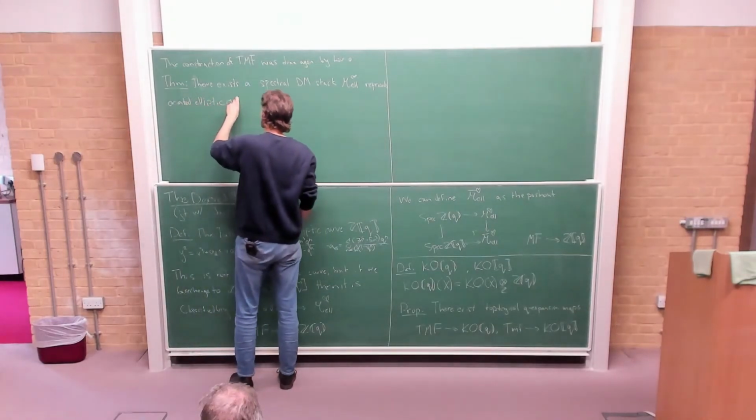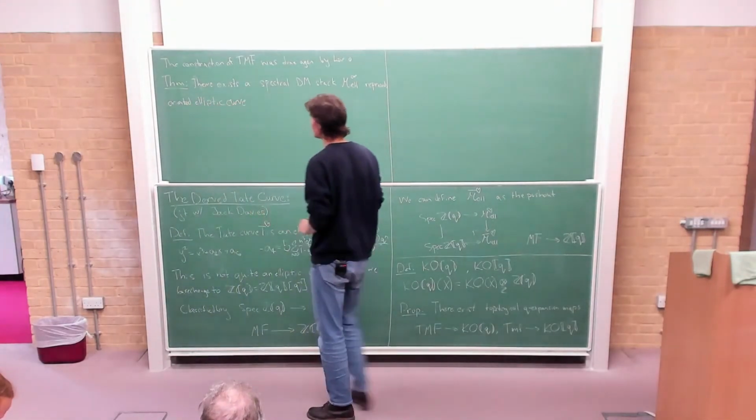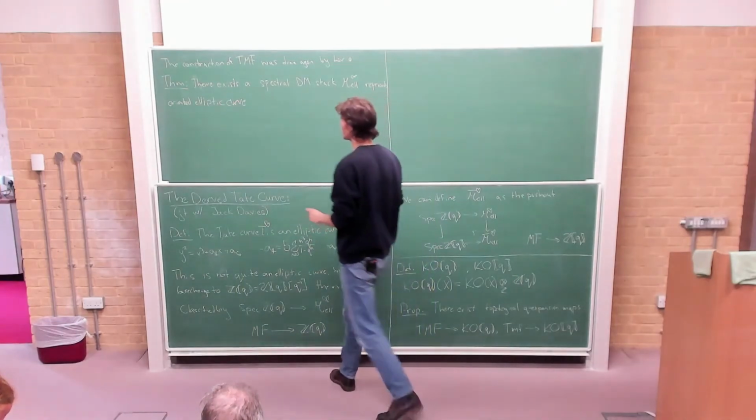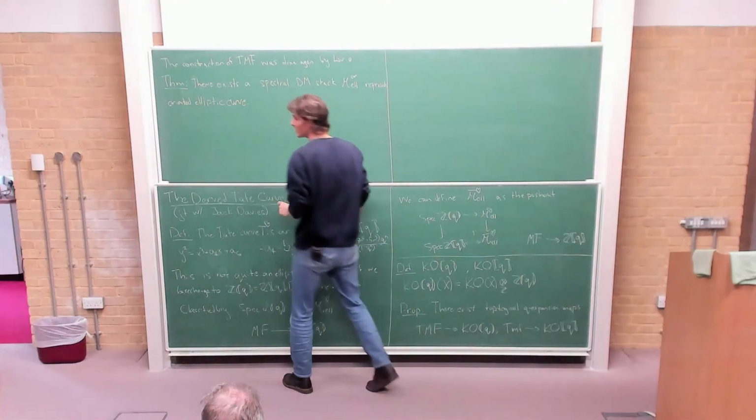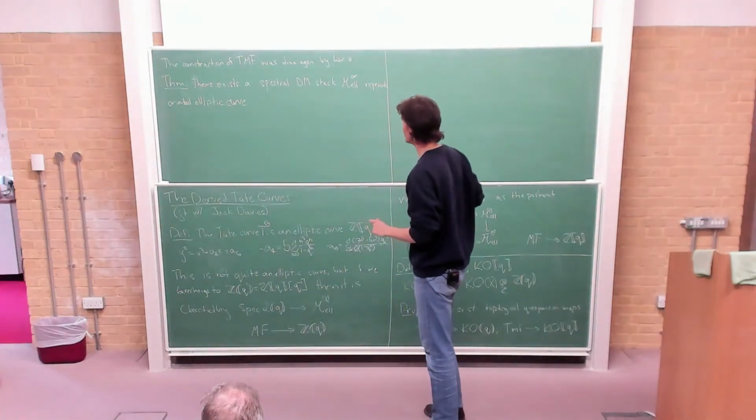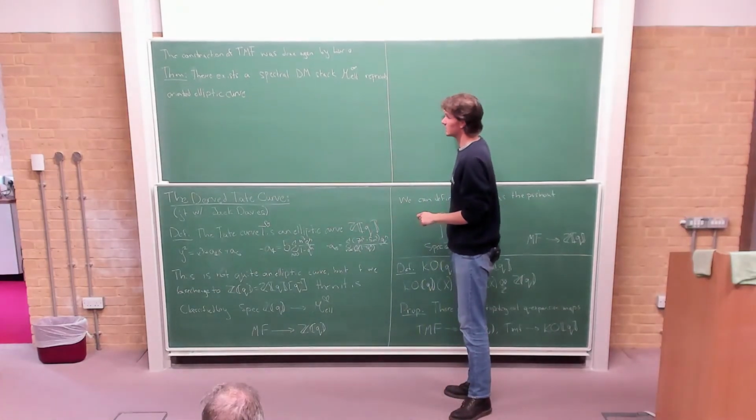So this is a generalization of the notion of an elliptic curve to the world of spectral algebra, where instead of basing our geometry on ordinary rings, we base it on E-infinity rings.